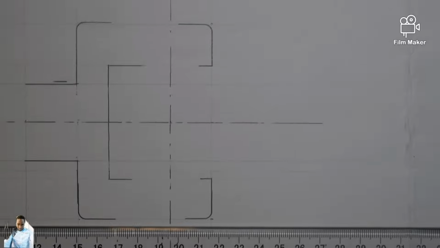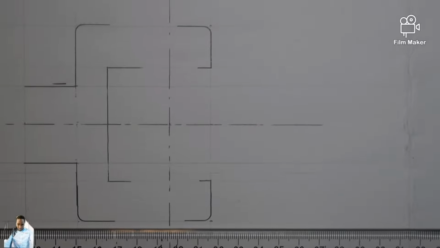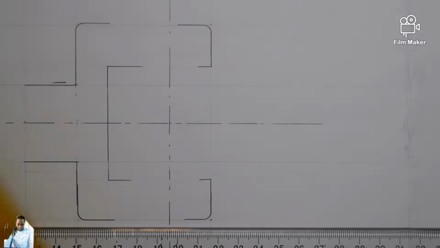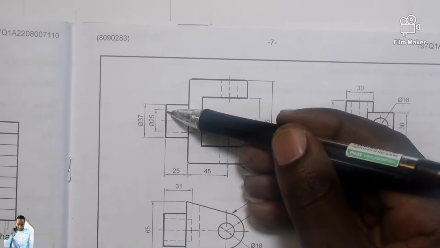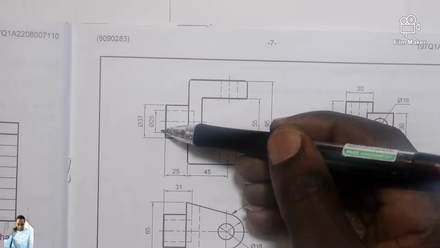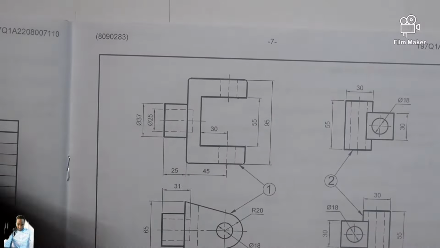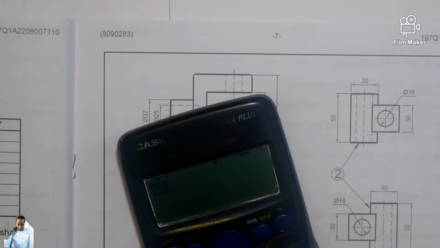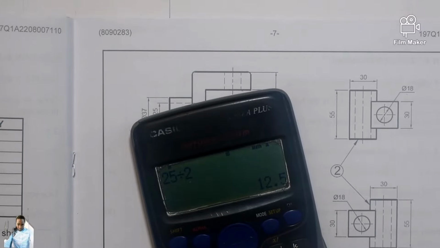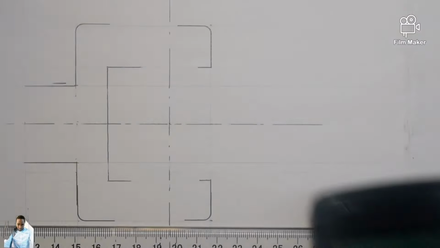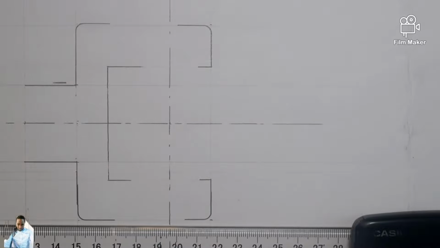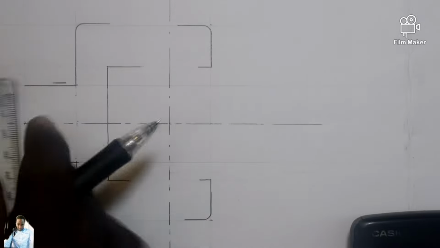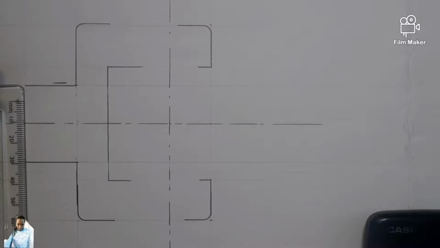Let's see what else we are going to have now. So we are going to have an inside diameter of diameter 25. So you are going to say 25 divided by 2, you are getting 12.5, isn't it? So going from the center, 12.5, 12.5. So I can easily put it at 12.5.